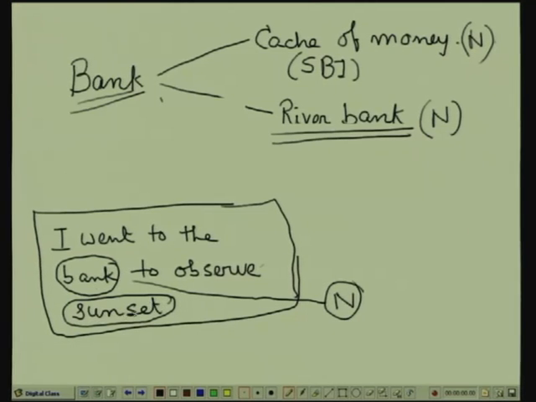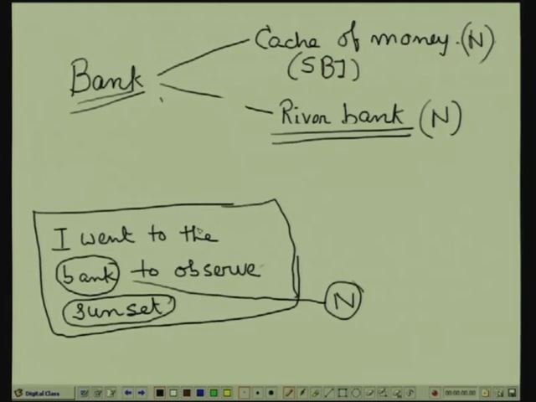If the sentence was, I went to the bank to withdraw money, then obviously, if this sentence was not there and instead I had written I went to the bank to withdraw money, in that case this bank would have related to this meaning because of the association.